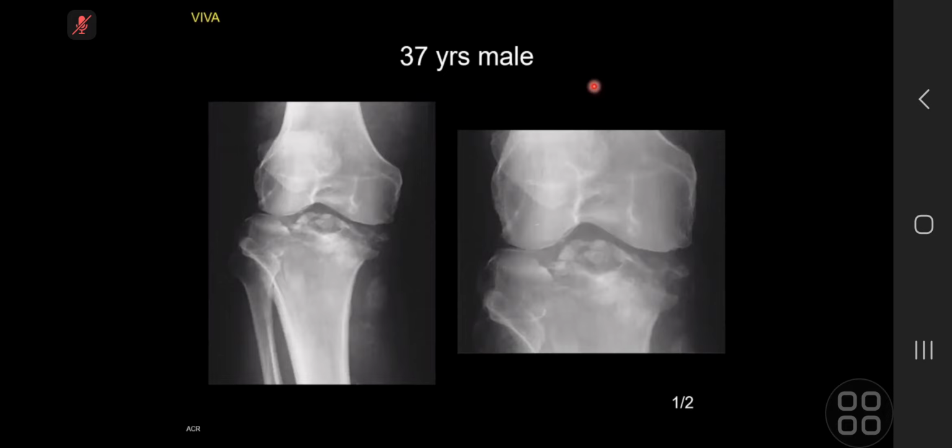My primary diagnosis would be a Charcot joint in the knee. My differential would be previous septic arthritis of the knee. I would correlate with the other side to see if it's a unilateral or bilateral process, and if there's any history to account for this appearance.